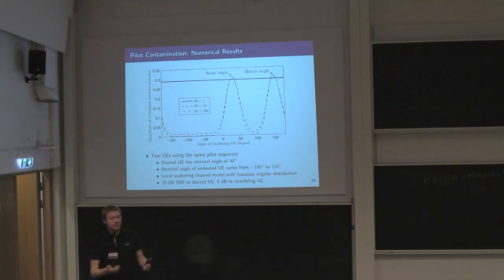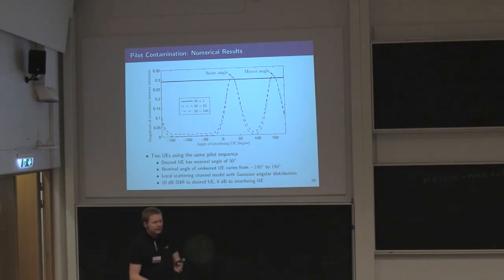But when we start to get more antennas, 10 antennas, 100 antennas, we see that the interference between these users is large when the interfering user has the same angle as my user of interest, or when it has something like the mirror angle.